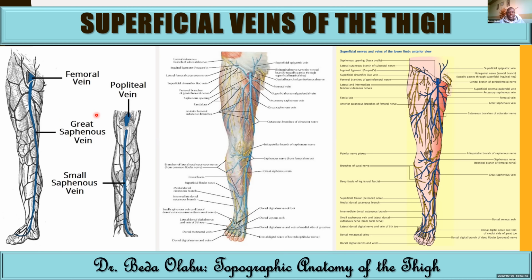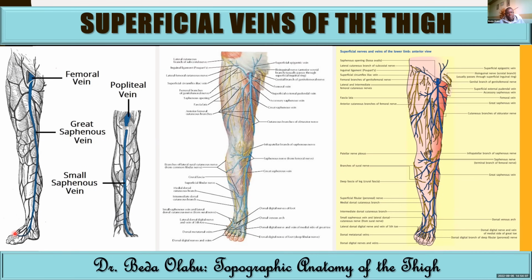The superficial venous system consists of two major veins. We have what we call the great saphenous vein, and we have what we call the small saphenous vein. So basically, we can say it's drained by the saphenous venous system. The great saphenous vein is a larger vein.